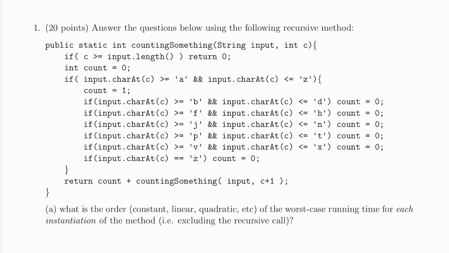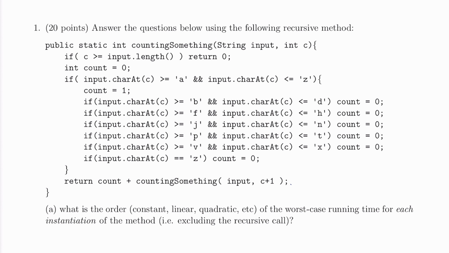We can see that the base case is when the pointer goes outside of the length of the string, and in that case it returns 0. Otherwise, down here it's returning count plus some recursive call where it increments C.